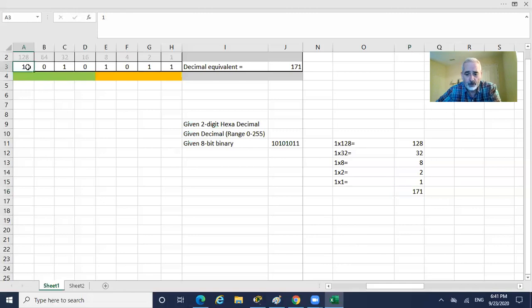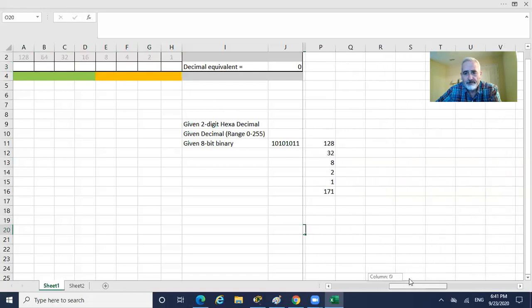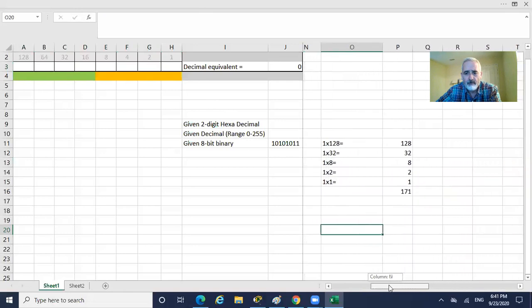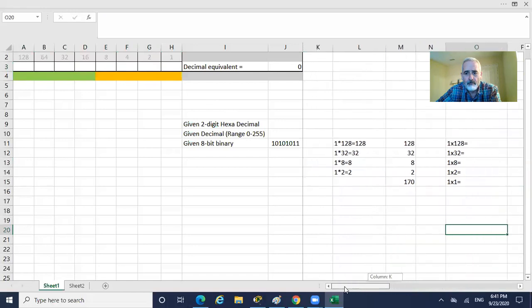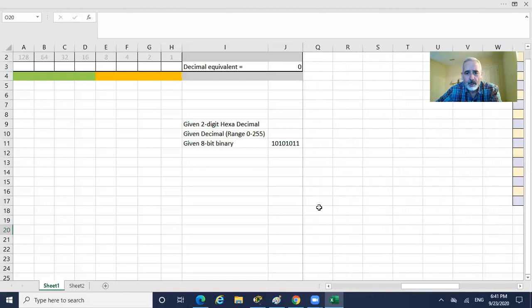Let me clear my chart. Now, let's say that I want to convert a decimal number within the range of 0 to 255 to its 8-bit binary equivalent.